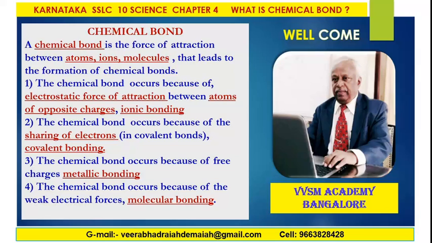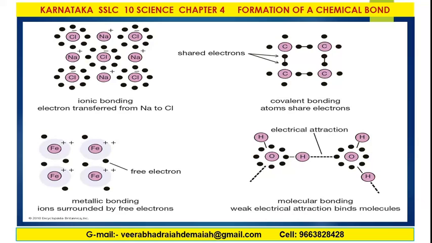You will get different types of chemical bonds: ionic bond, covalent bond, metallic bond, molecular bond, etc. Well, you see here, ionic bonding: electron transfer from sodium to chlorine. Covalent bonding: sharing of electrons. Metallic bonding: bonds between the free electrons. Molecular bonding: the electrical attraction between two molecules.